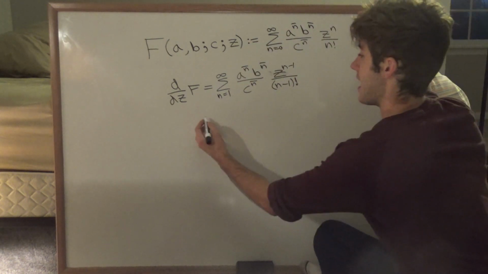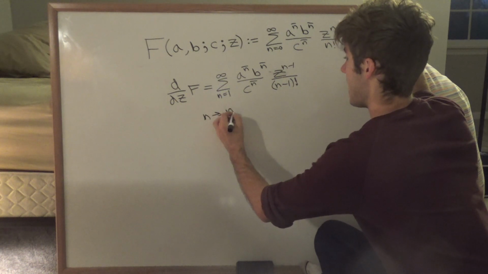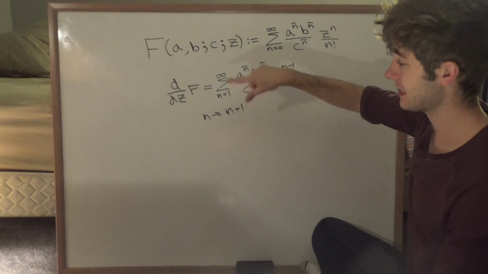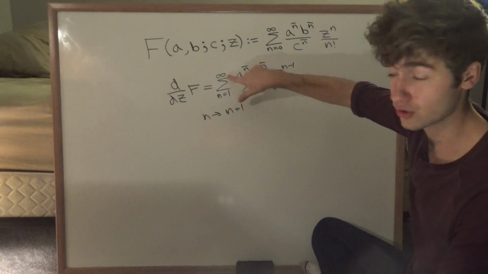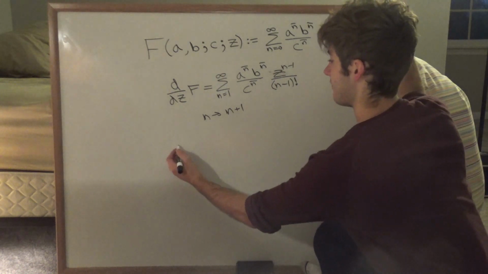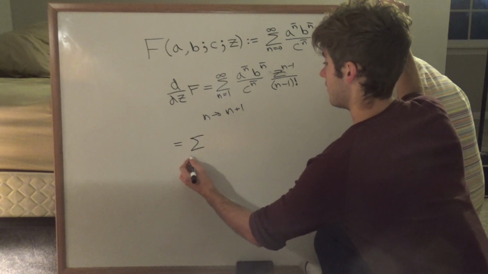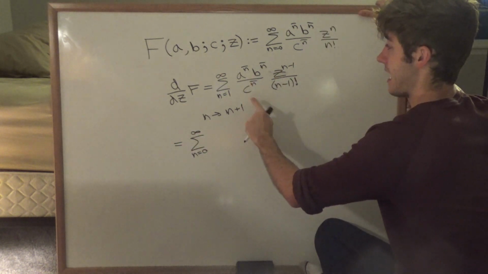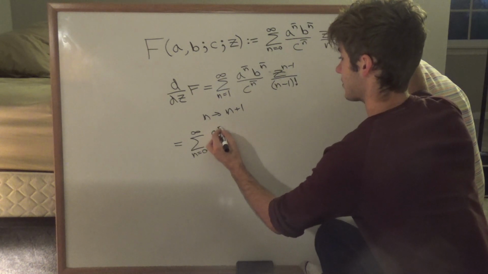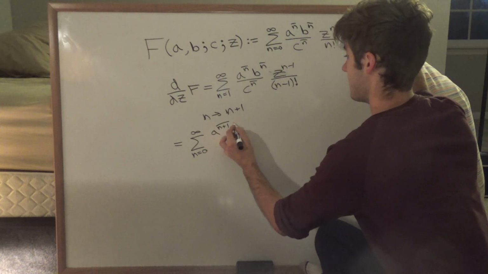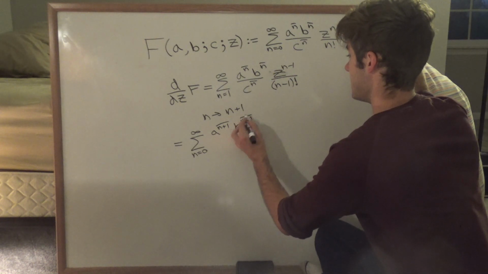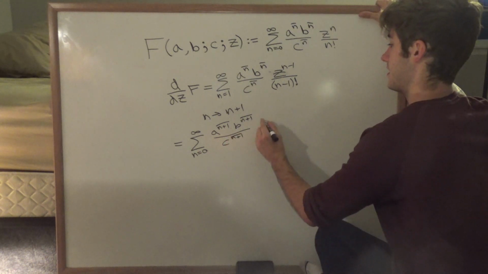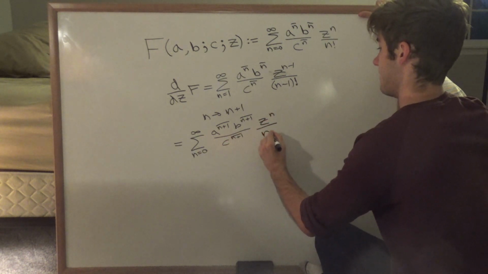So what we can then do is replace n with n plus 1. All of these n's are going to go up by 1, which means the index simply has to go down by 1. Infinity doesn't care how much you're shifted by. So this is equal to the sum from n equals 0 to infinity of, plugging in n plus 1 wherever we see an n, the n plus first rising factorial of a times the n plus first rising factorial of b divided by the n plus first rising factorial of c, times z to the n divided by n factorial.